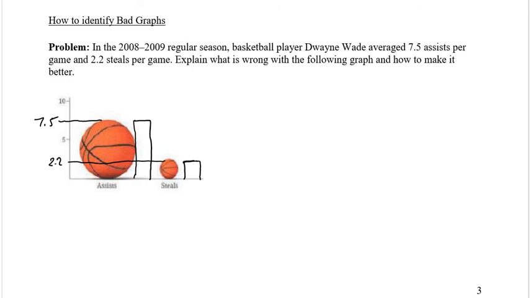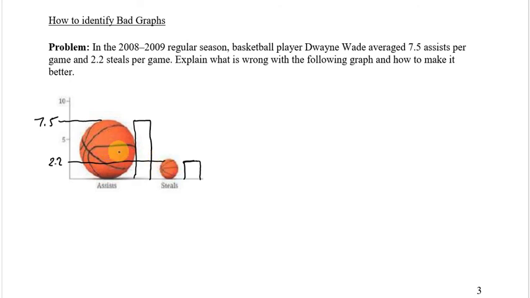Whereas this big basketball here is not only taller, it's also a lot wider. So it makes it look as though the disparity is a lot more. Because 7.5 and 2.2, that's a little more than 3 times bigger. But this basketball looks about 8 or 9 times bigger, and that just doesn't work.